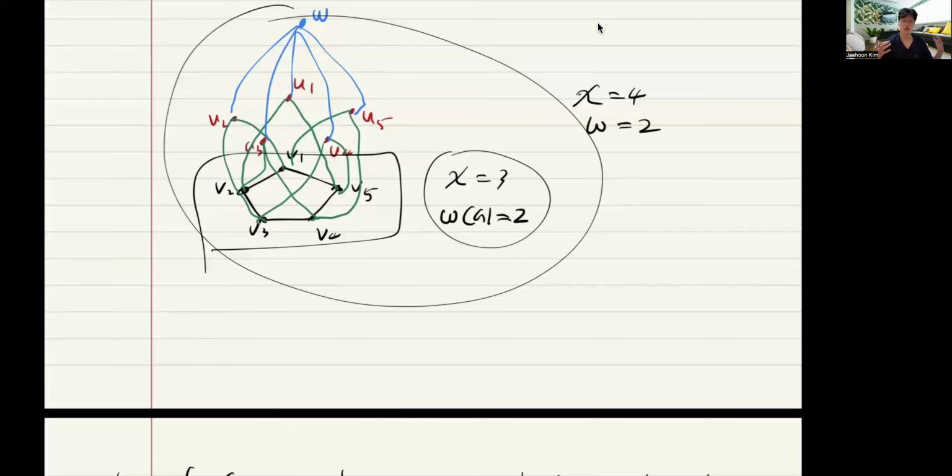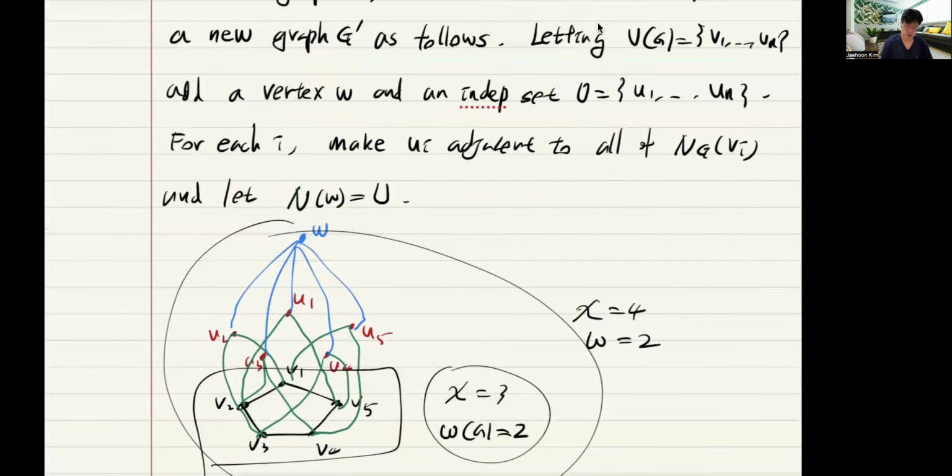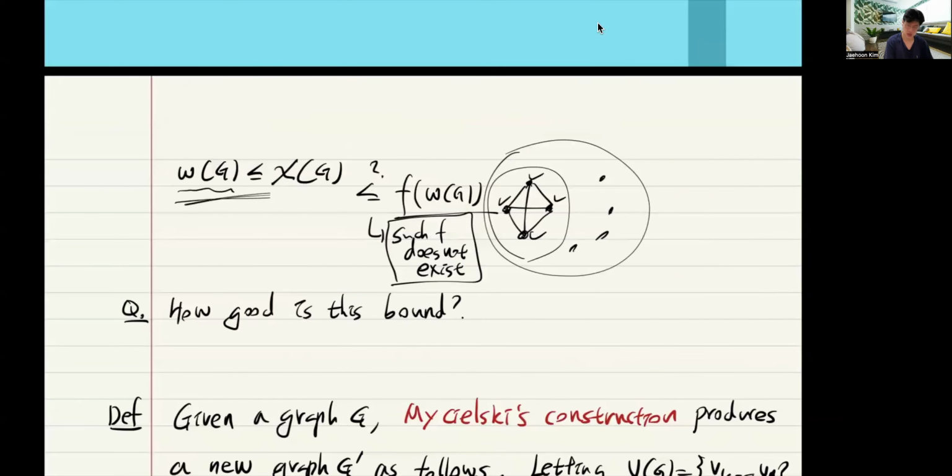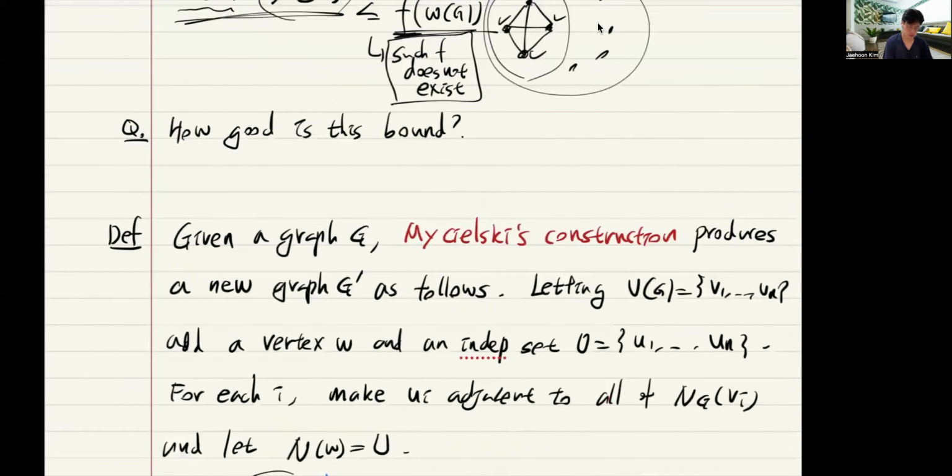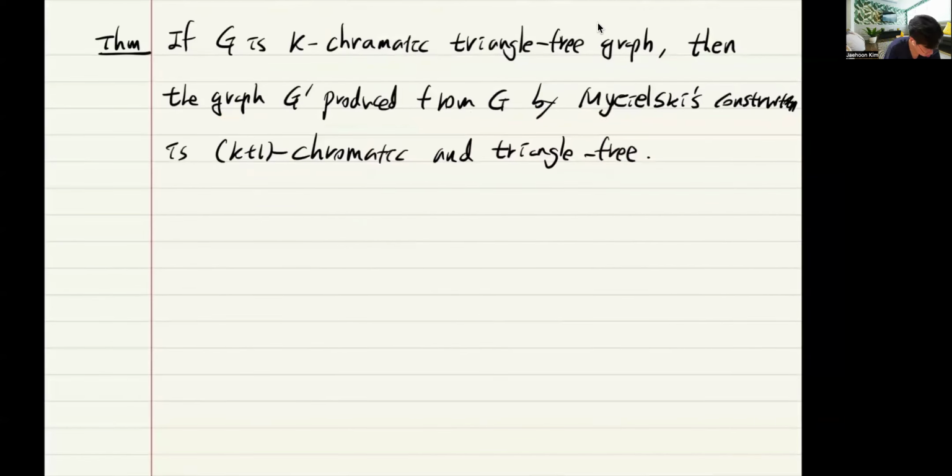You repeat this, and you get a graph whose chromatic number is as high as you want, while its clique number is still 2. So it shows that this gap can be arbitrary. No matter what function you take, f of 2 is a bounded number, and you can find a graph whose chromatic number is bigger than f of 2. So this is what we want to prove. So let's prove that this theorem holds.